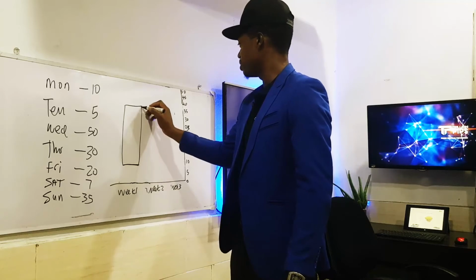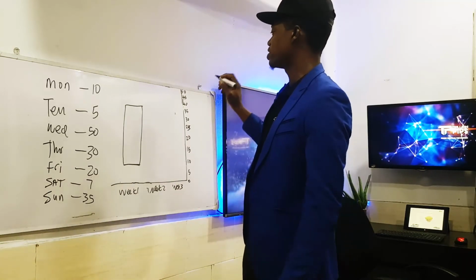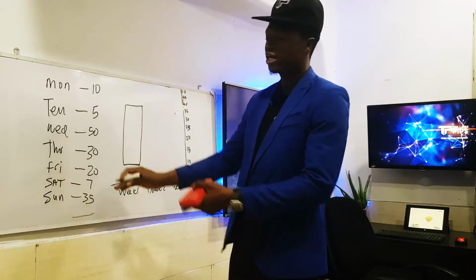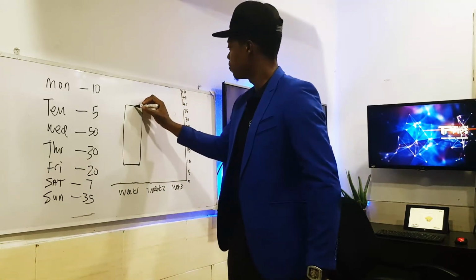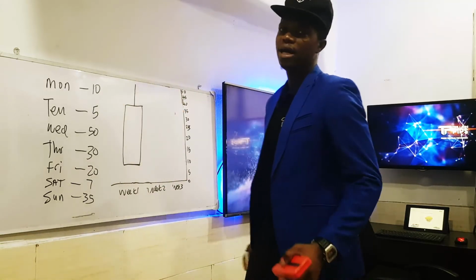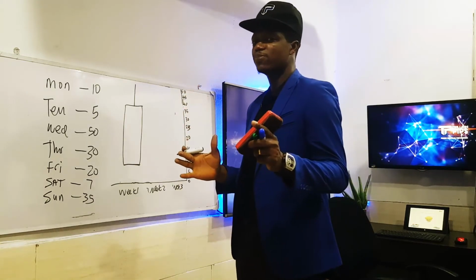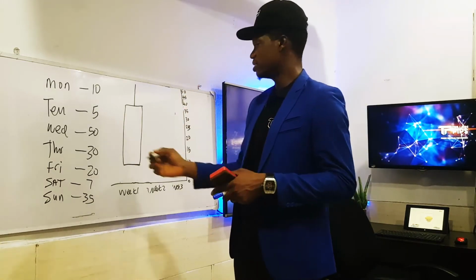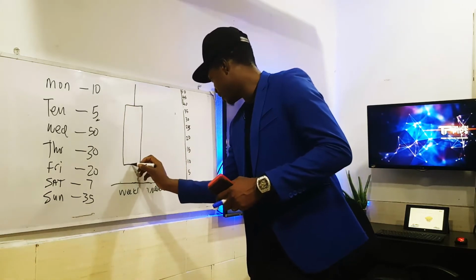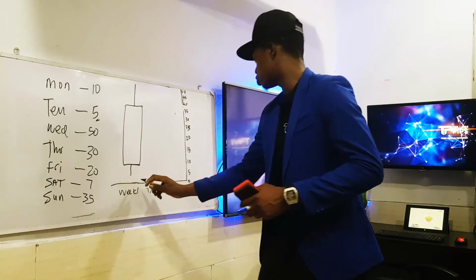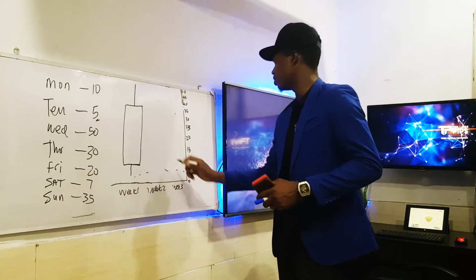You just connect them with a box. Then now the highest price reached during the week was on a Wednesday, which is $50. We have $50 here. And the lowest price reached during the week is $5 on a Tuesday. So we'll draw the line down to $5.